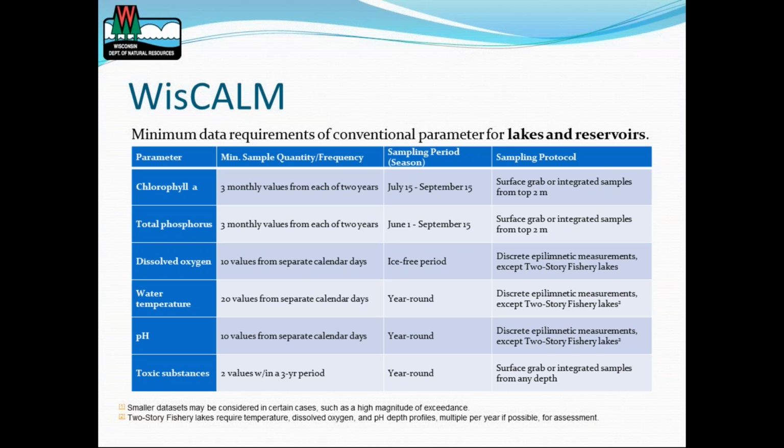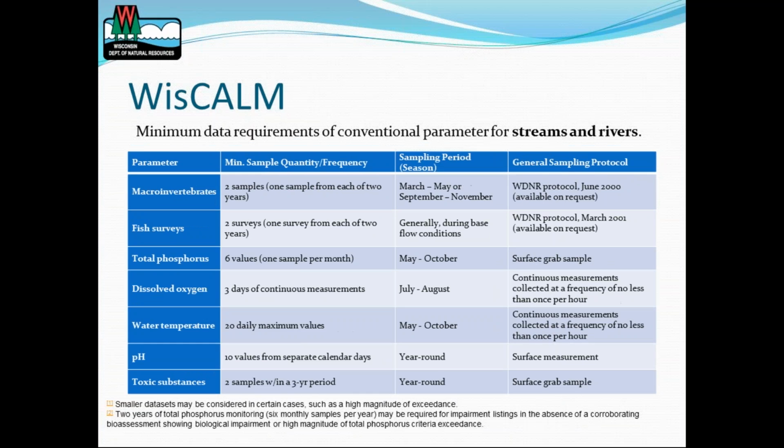sample for each parameter. And in comparison, here is rivers and streams. And there are some of the same parameters like total phosphorus and DO, but this also has macroinvertebrates and fish. And they have their own sampling periods and the number of samples that they need for an impairment assessment. So for macroinvertebrates, you need 2 samples, one sample from each of 2 years.